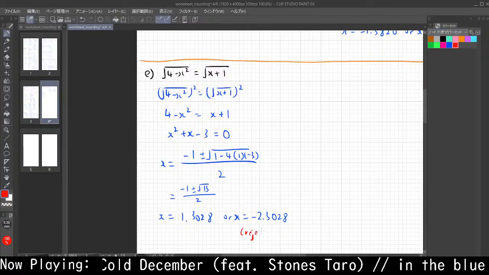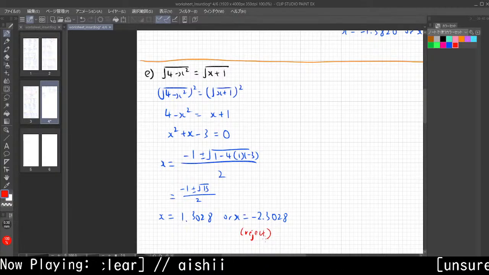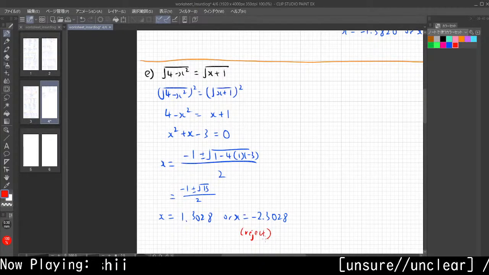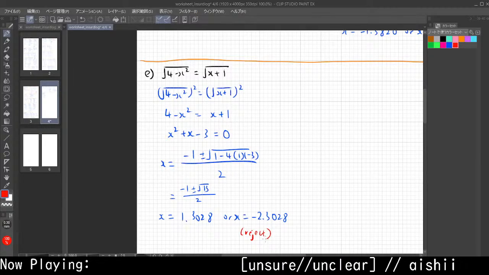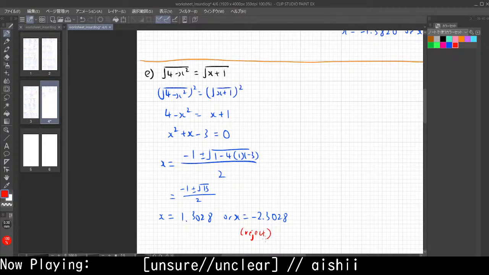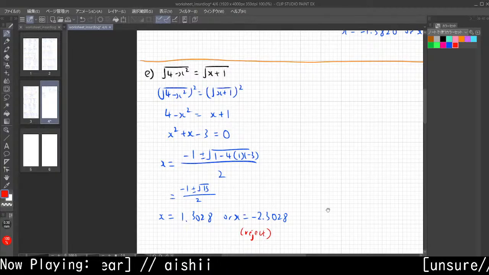We will reject it outright because this solution violates the general rules for square roots, which is negative number inside square root is no, because this gives us negative number inside square root, so we reject it. Next.